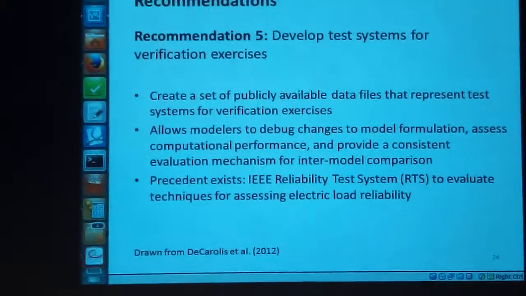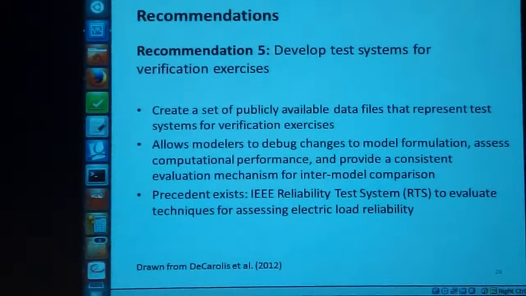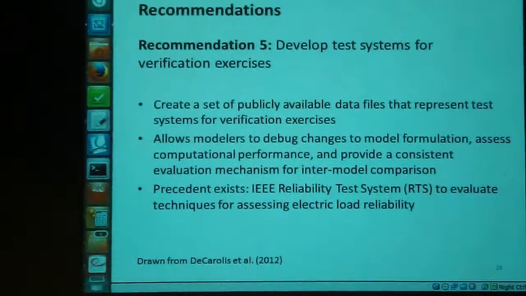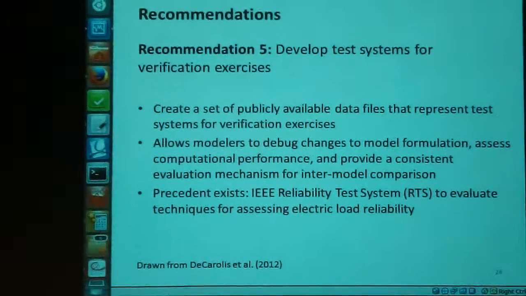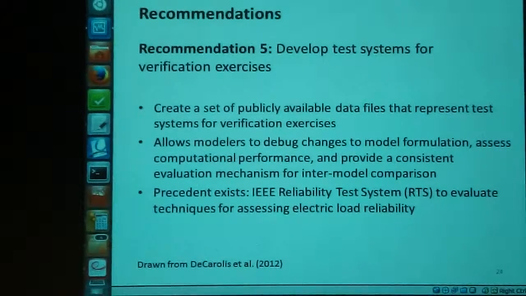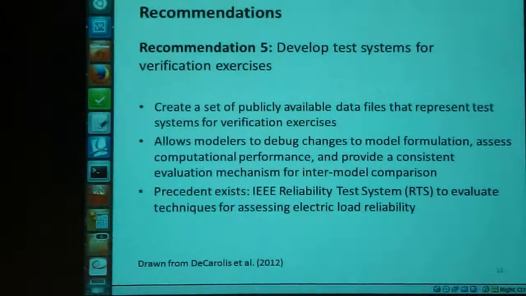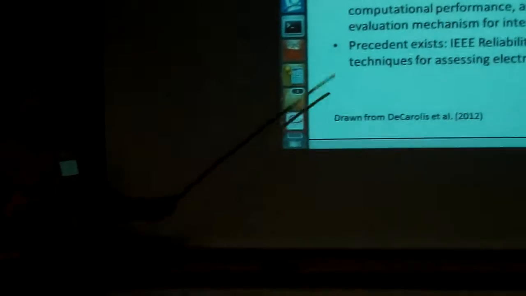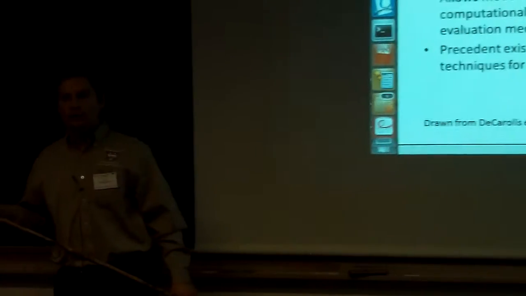Recommendation 5 is develop test systems for verification exercises. This is an idea that's borrowed from electrical engineering. The IEEE has a reliability test system. It's essentially a system of power plants and transmission lines and buses that are used to evaluate techniques for assessing electric load reliability. Right?